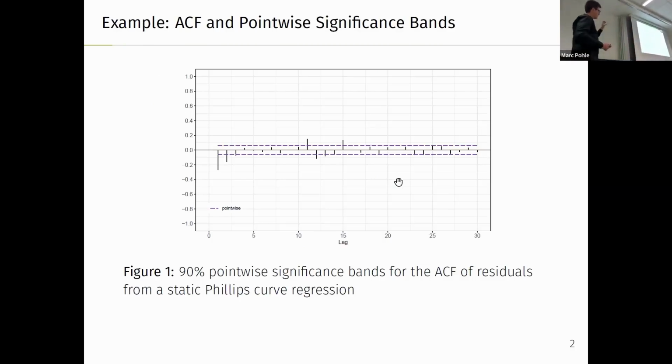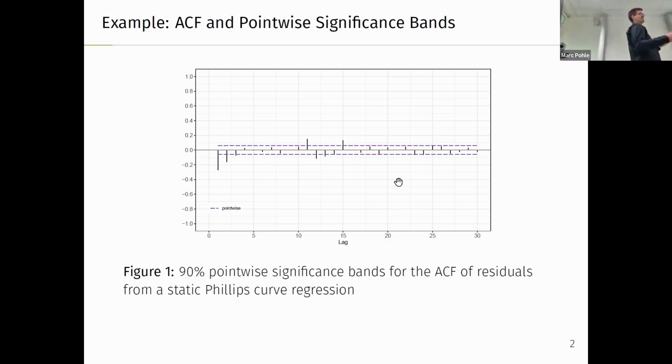That means if you have these simultaneous bands, you simply have to check if any of the empirical autocorrelations falls out of this band, and then you can reject temporal independence. So it's straightforward to do, but it's an improvement, I would say, because with the pointwise bands you don't really know what to do.